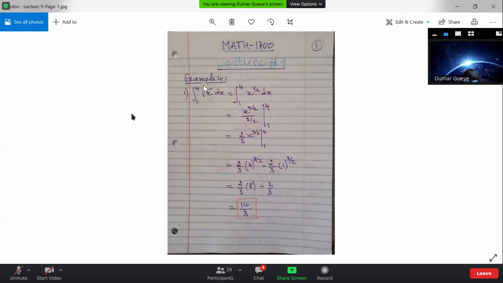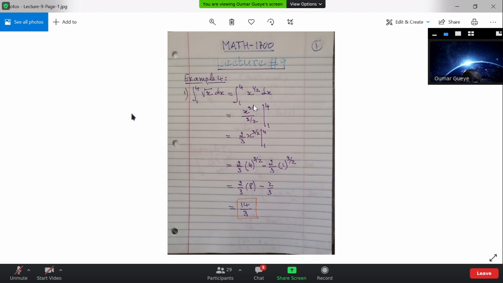And here we're going to use the FTC. Before using the FTC, we write our function as a power function, and we get x to the power half. And the antiderivative of x to the power half is going to be x to the power 3 by 2 over 3 by 2.